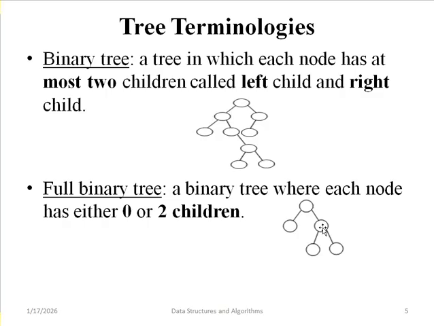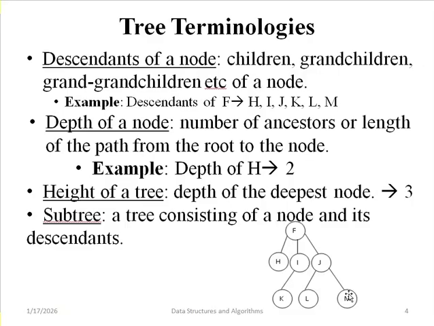So for example, if we take this subtree, this is not a full binary tree. Why? Because for this to be a full binary tree, it should first be a binary tree. This one is not a binary tree because there are 3 branches under F.